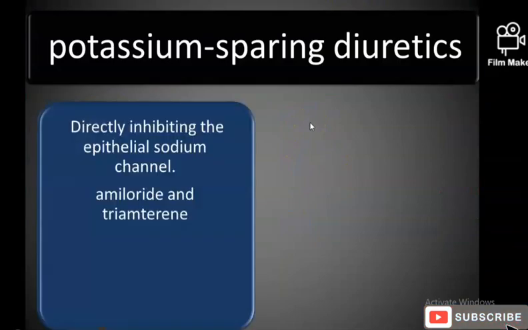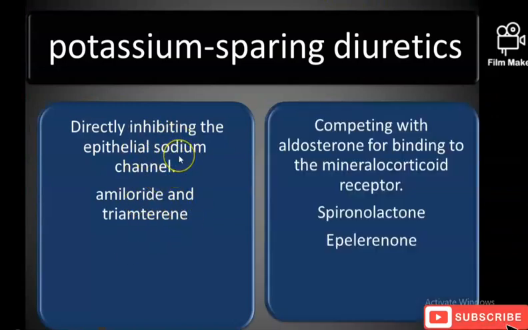So potassium sparing diuretics are divided into two: amiloride and triamterene, which directly inhibit the sodium channels, and the other is the aldosterone antagonists like spironolactone and eplerenone.